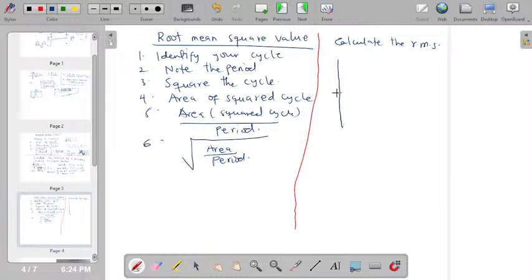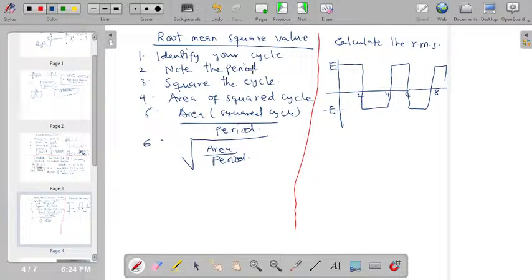It starts like this, like this, like this. I have this peak to be negative E and this to be positive E. Now I have 2, 4, 6, 8. What do I do? I'm to find the RMS of this waveform.